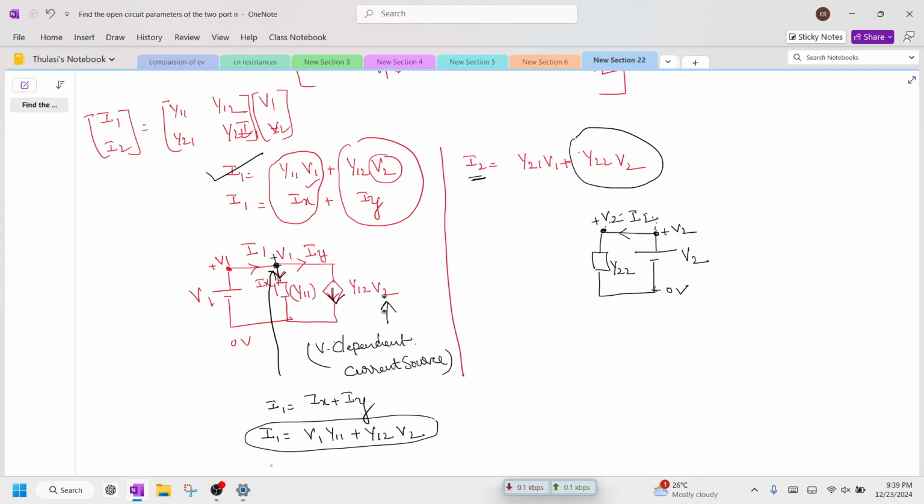Therefore I'm going to write this current I2 is equal to Ix plus Iy. Ix I am going to write as Y22 V2, which is nothing but Ix.